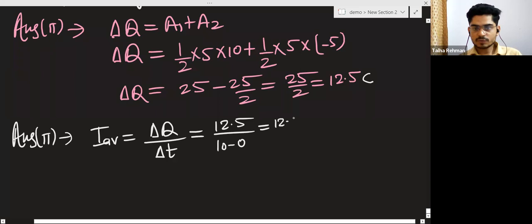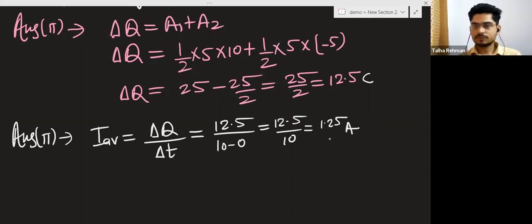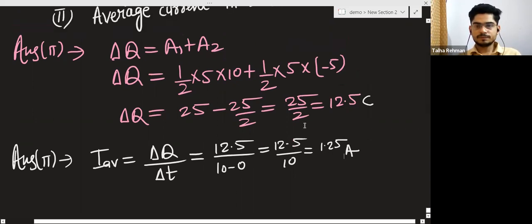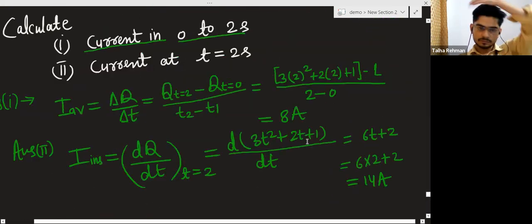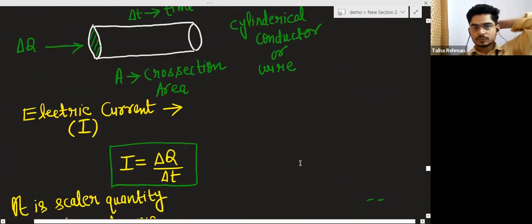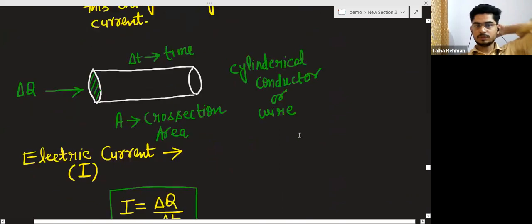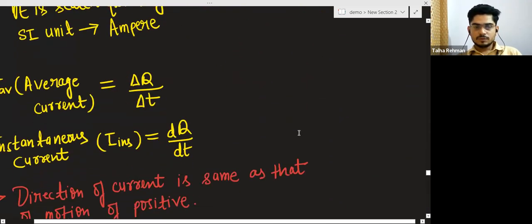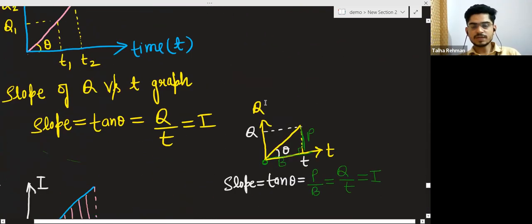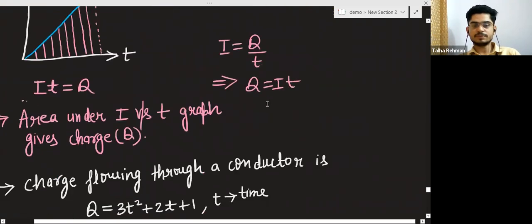So this will become 12.5 divided by 10, and the answer is 1.25 ampere. Is it fine? Okay. So these kinds of questions you can get in your examination.